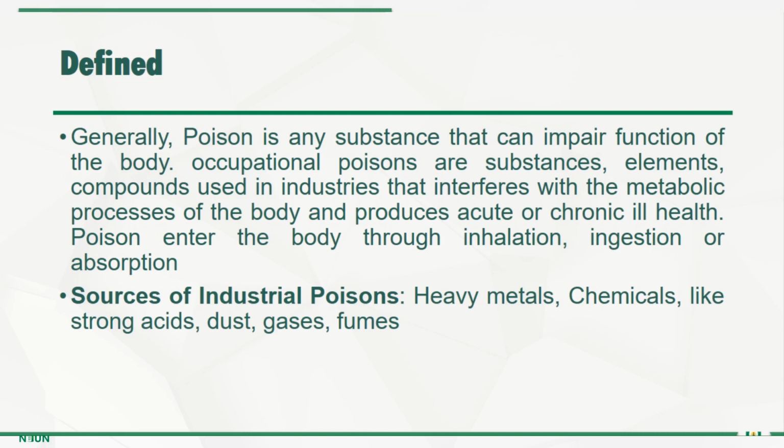Poison enters the body through inhalation, injection, or absorption. Sources of industrial poisons. What are they? We have heavy metals, chemicals like strong acids, dust, gas, and fumes.